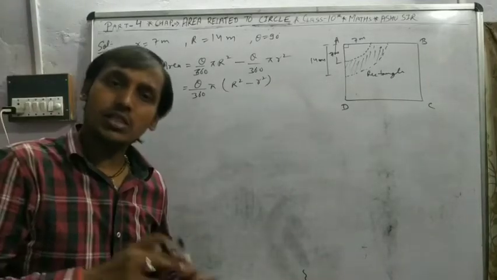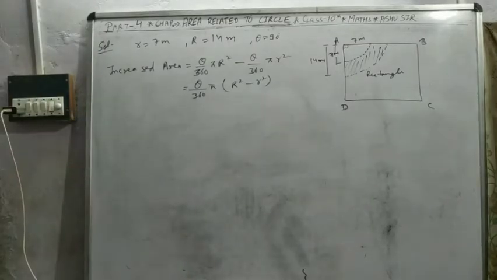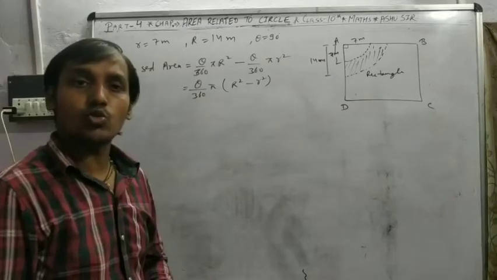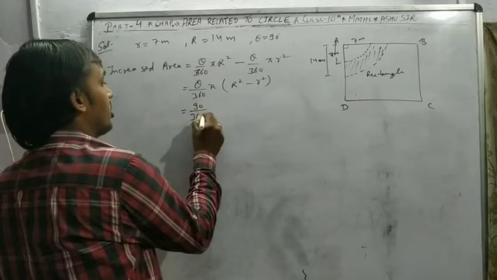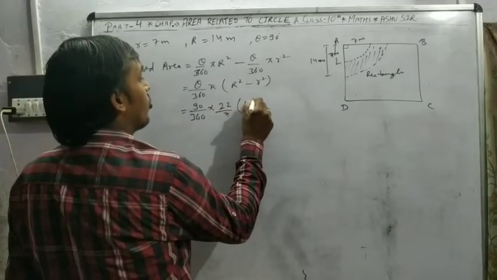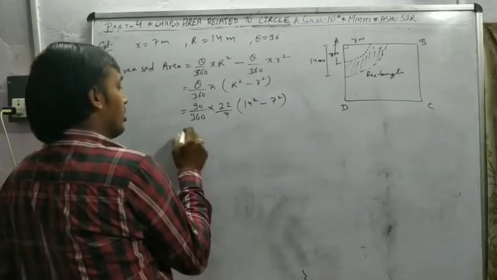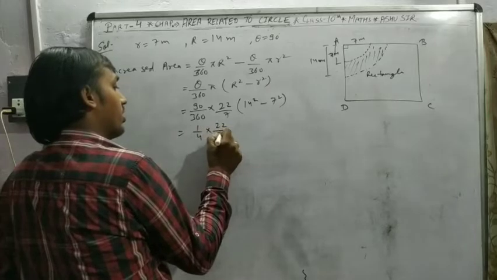In this chapter, mensuration, if you understand how we form the formulas, it becomes easy to solve the question. 90 upon 360, 22 by 7, 14 square minus 7 square, that is 1 by 4 into 22 by 7.